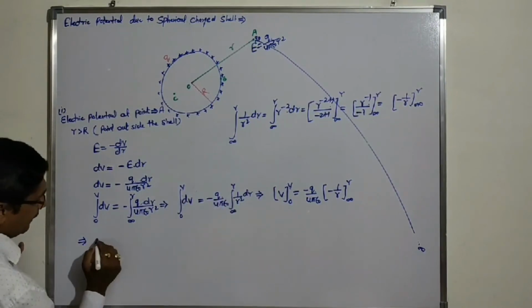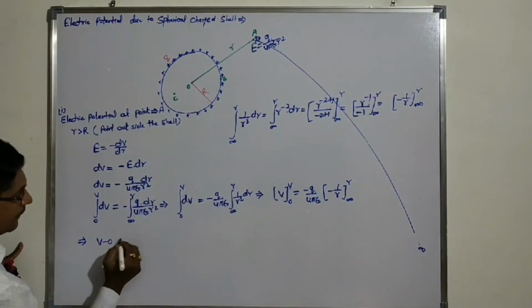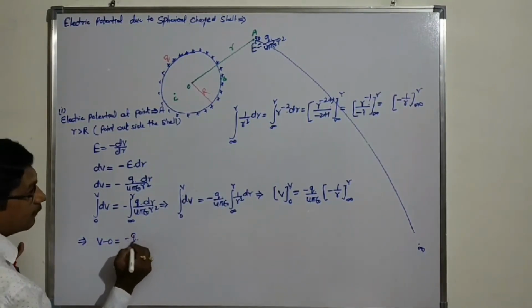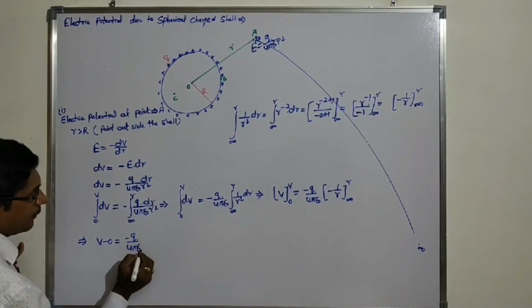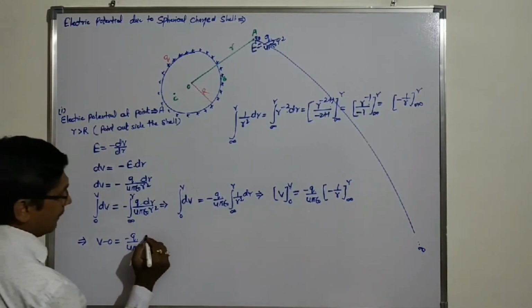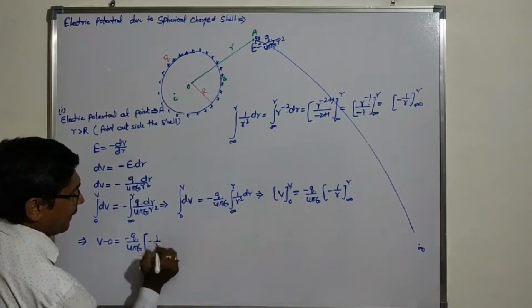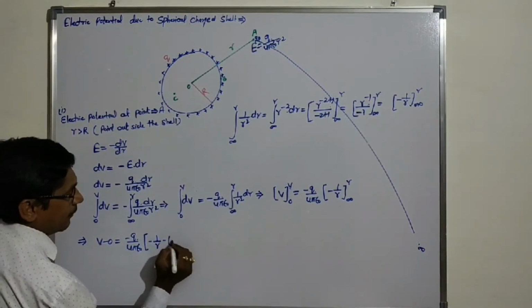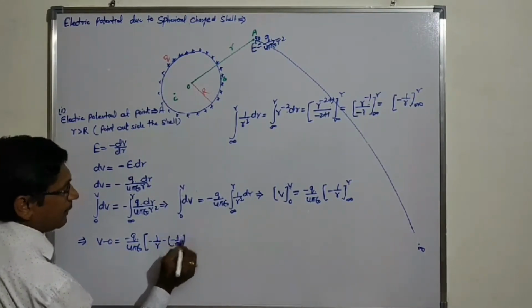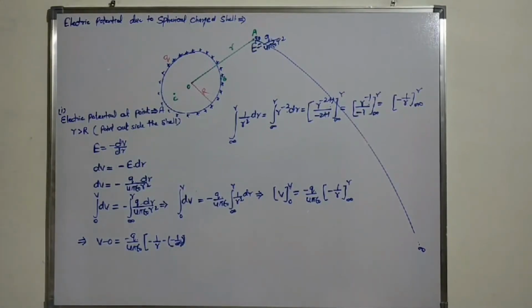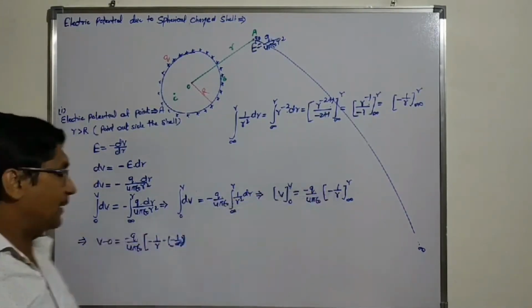Upper limit minus lower limit, so V minus 0 equals minus Q upon 4 pi epsilon naught times minus 1 by R minus 1 by infinity. Upper limit minus lower limit.